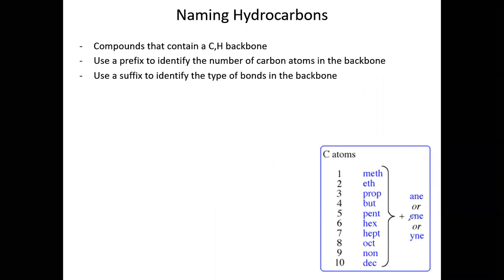If it has at least one double bond, we use the suffix "ene." Or if it has at least one triple bond, we use the suffix "yne." For these hydrocarbons, this is just general chemistry 1. We're just looking at very simple, straightforward hydrocarbons, which would only have all single bonds, or one double bond, or one triple bond. That's the extent of us naming hydrocarbons.